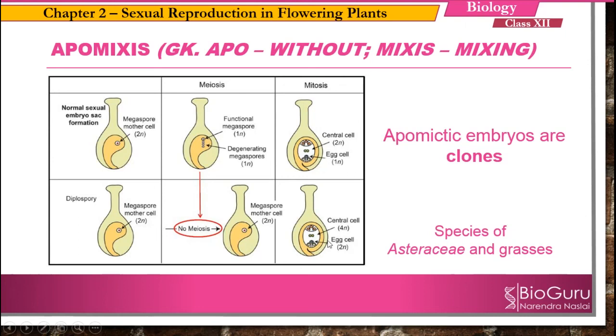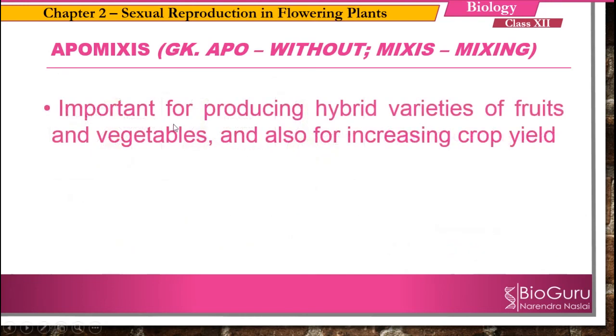The embryo which develops from this egg cell can be called a clone. So apomictic embryos are called clones. Now, apomixis is important for producing hybrid varieties of fruits and vegetables, and also for increasing the crop yield multifold.